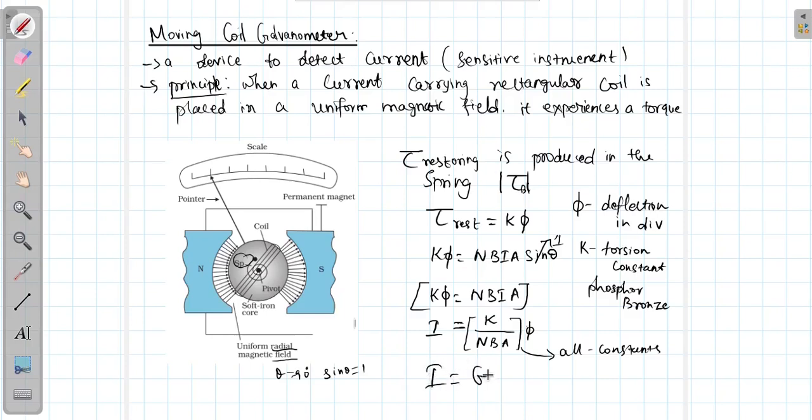I = Gφ, which means I is proportional to φ. When current flows through the coil, it produces a proportional deflection.